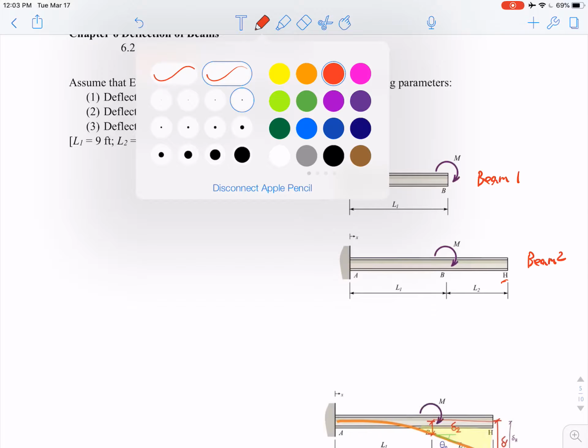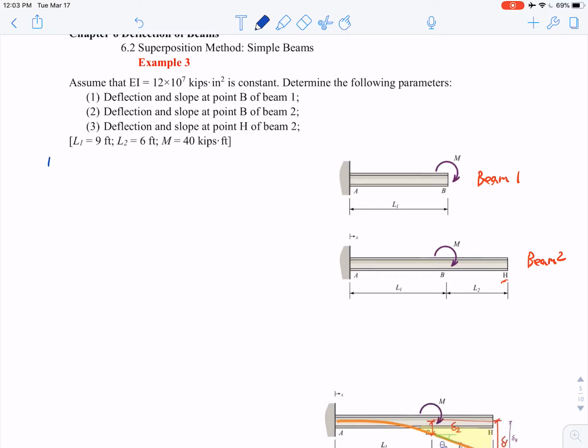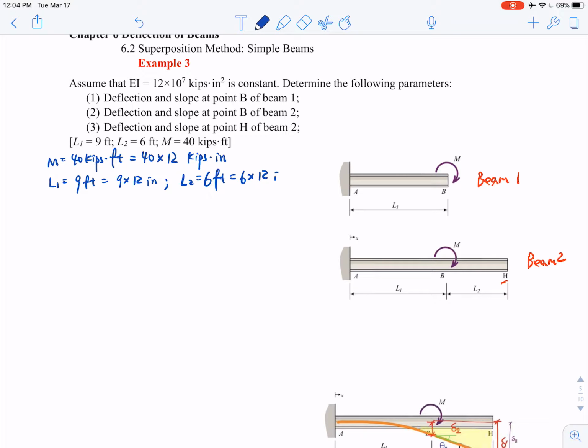The first one would be the M. That is 40 kips feet, while this one equals 40 by 12 kips inch. And the L1 will be 9 feet, that is 9 by 12 inch. And L2, 6 feet, that will be 6 by 12 inch.